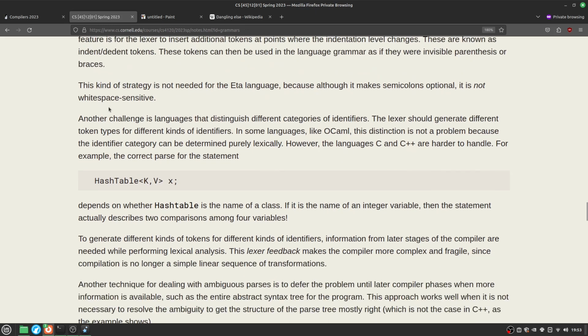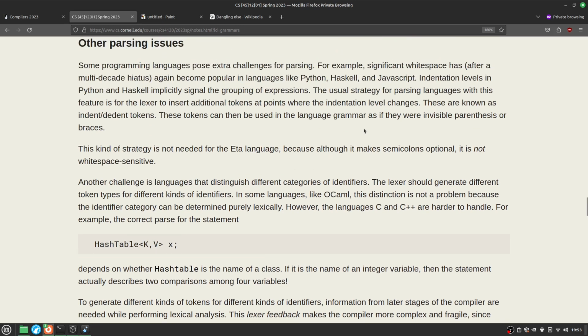This kind of strategy is not needed for the ETA language because although it makes semicolons optional, it is not whitespace sensitive.